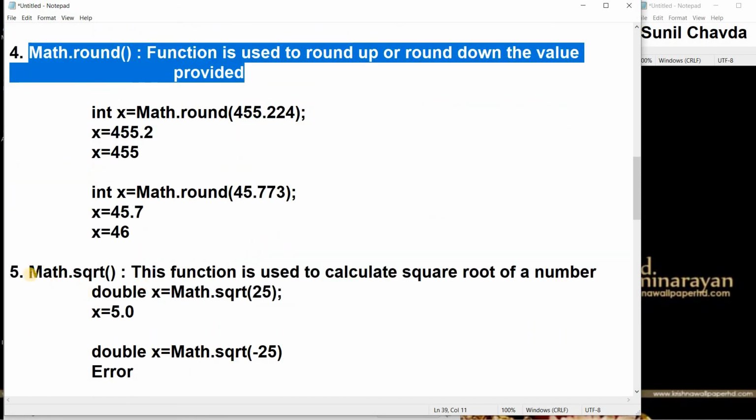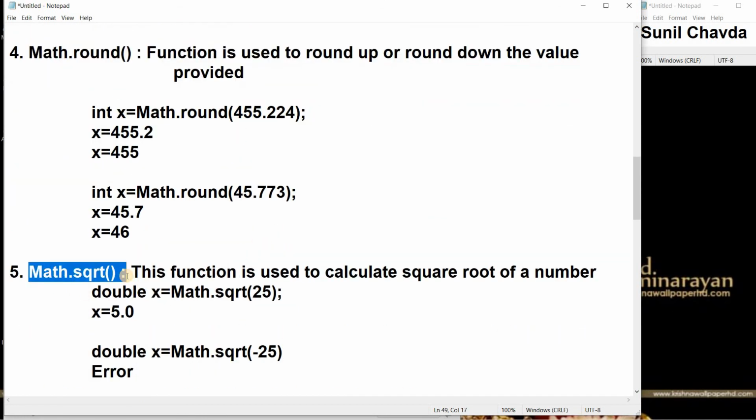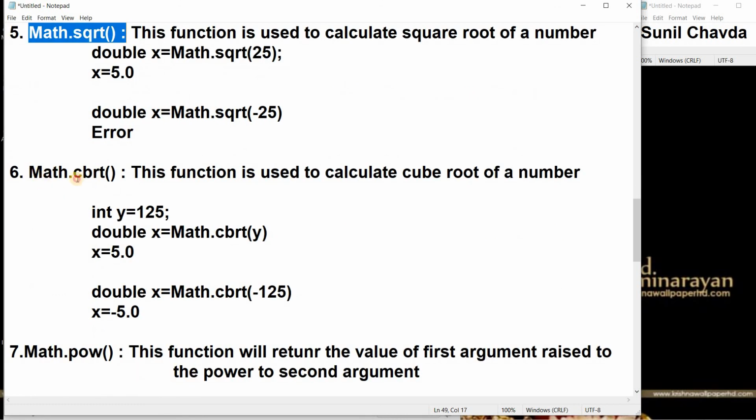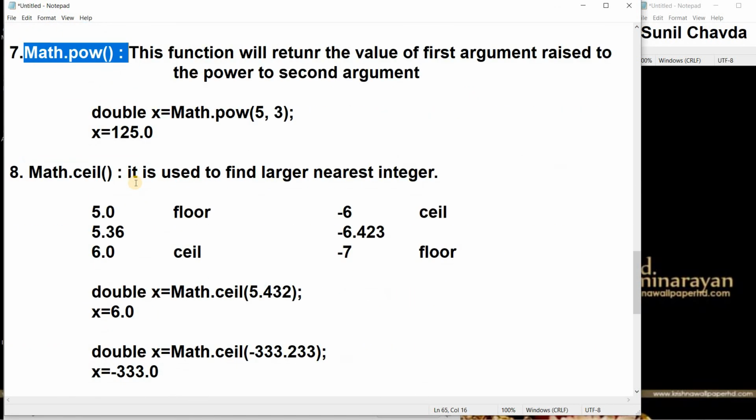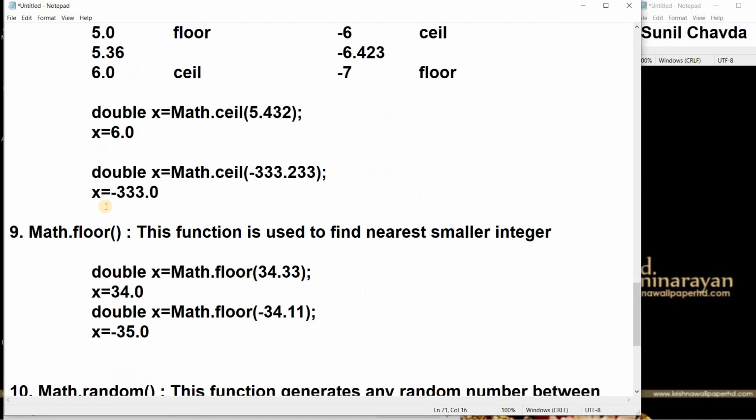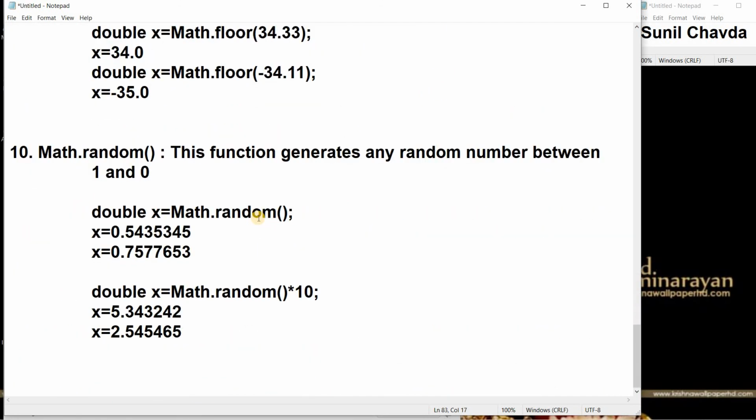Then Math.sqrt will calculate the square root of a number. Cbrt will calculate the cube root. Pow will calculate the power raised to. Ceil will give you the nearest larger integer, and floor will give you the nearest smaller integer. Random will calculate a random number. So all these are our math functions in Java.